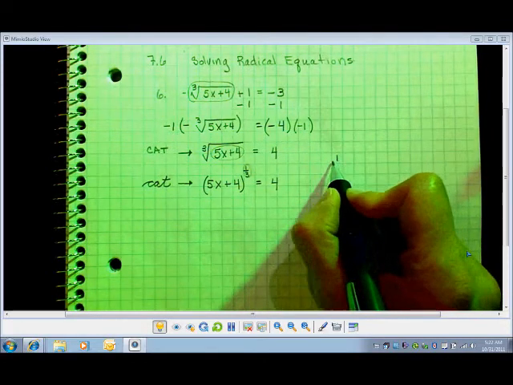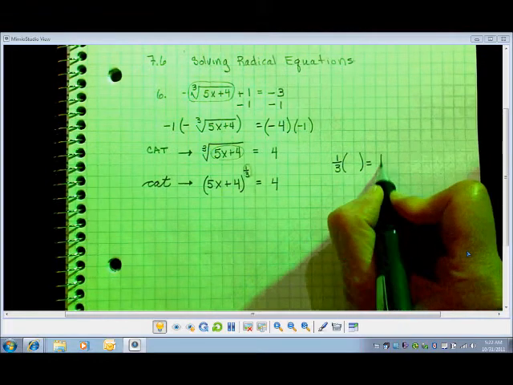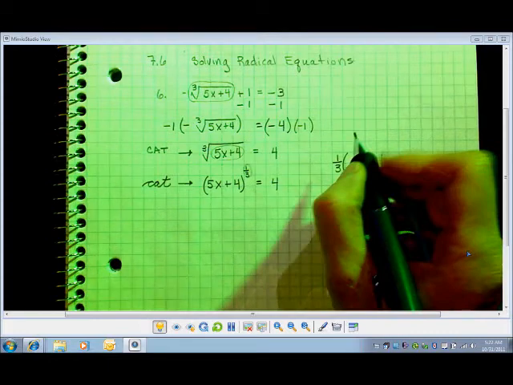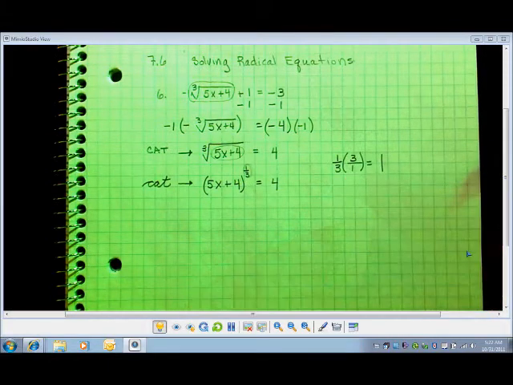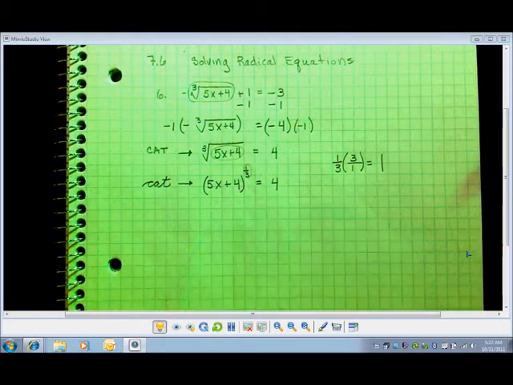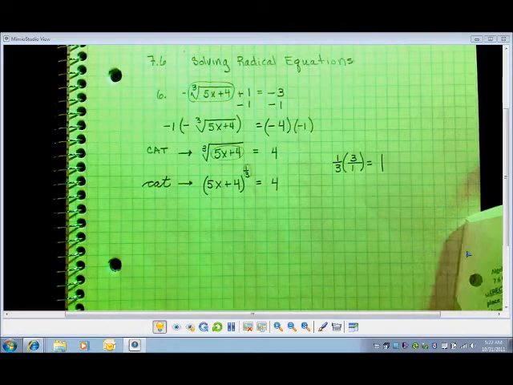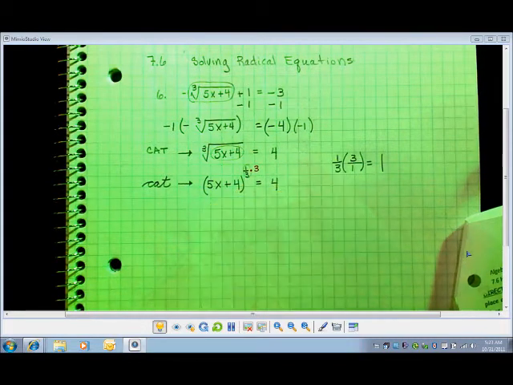So I'm thinking, what is 1/3 times what is going to give me a 1? Well, 1/3 times 3, or 3 over 1, is going to give me a 1. Which means I need to multiply my exponent of 1/3 times 3.